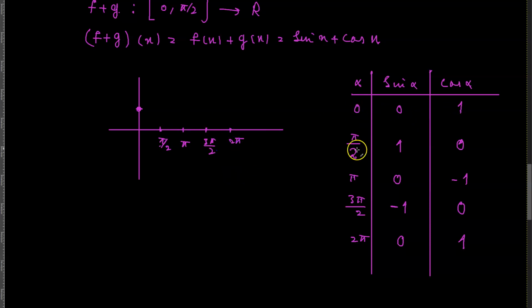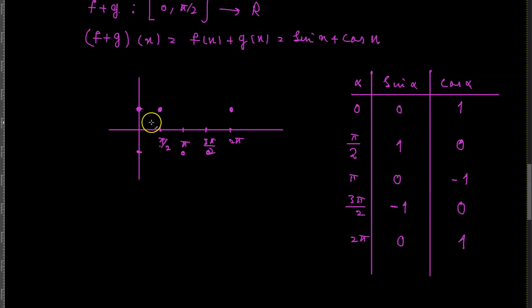So at 0 you're at 1, at pi by 2 you're at 1. That's a weird function. At pi you are at negative 1. I don't know what happens halfway between these. And at 3 pi by 2 you're at negative 1, and at 2 pi you're at 1.